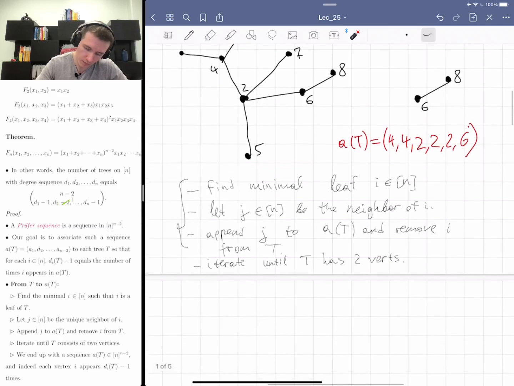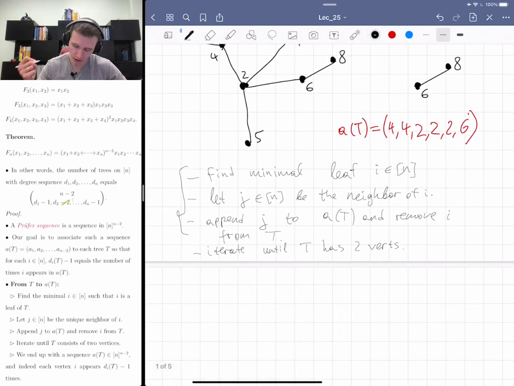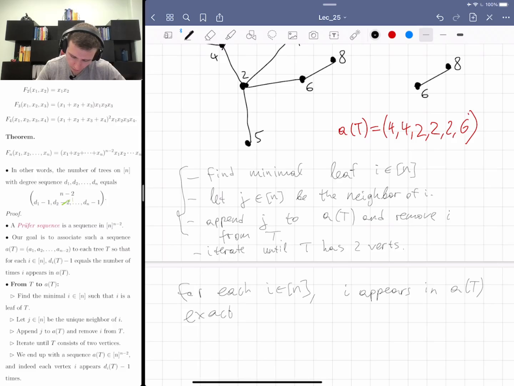So we indeed satisfy the desired requirement: for each i in bracket n, i appears in A of T exactly d_i of T minus 1 times, as desired.